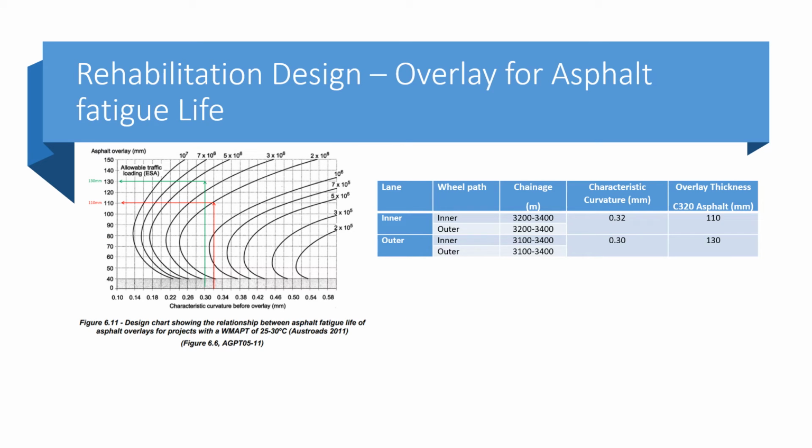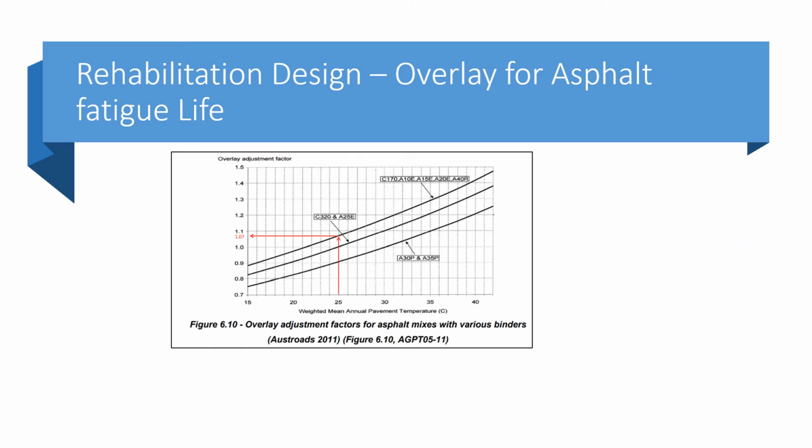The next slide shows that for overlay asphalt for fatigue life, the overlay thickness is 110 millimetres for the inner lane and 130 millimetres for the outer lane.